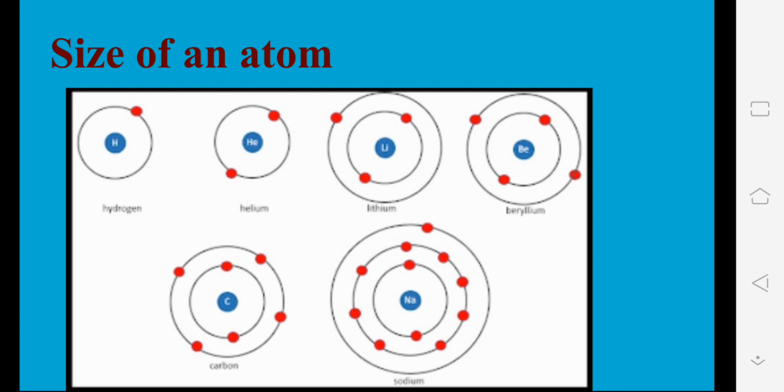But if you compare two atoms like lithium and beryllium, both atoms have the same number of orbits. So if two atoms have the same number of orbits, which will be the smallest one? The atom which has the maximum number of electrons in the outermost orbit will be the smallest atom. That means beryllium is smaller in size than lithium.